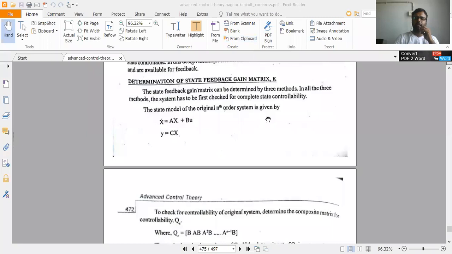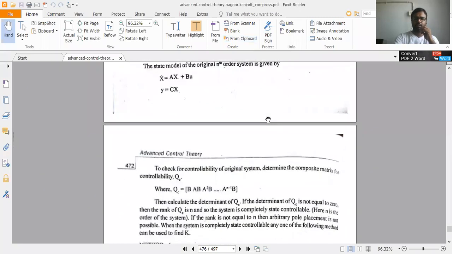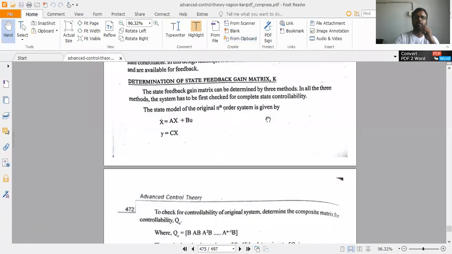Before entering into the three methods, some conditions have to be satisfied.